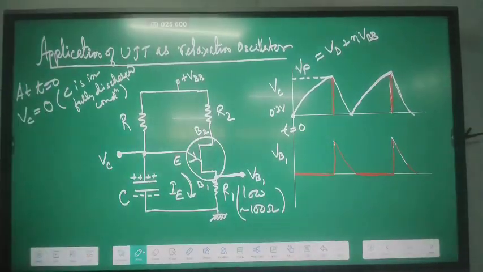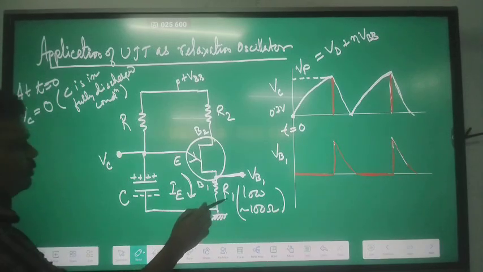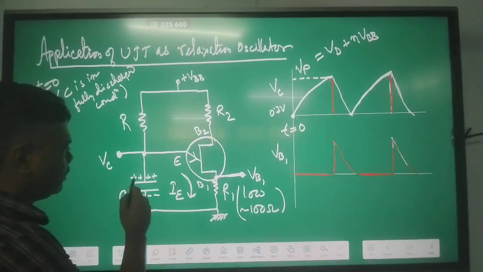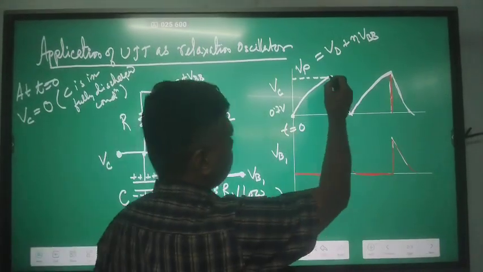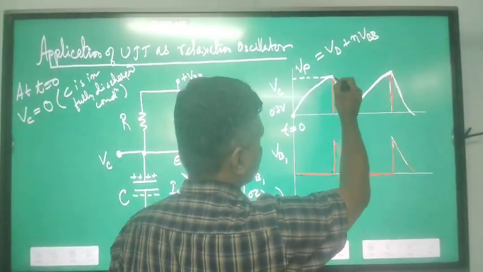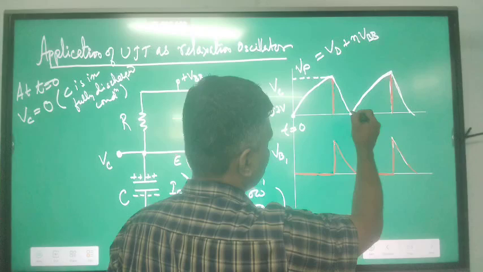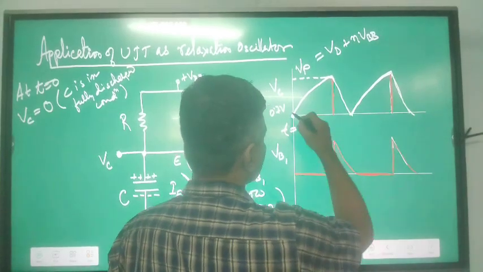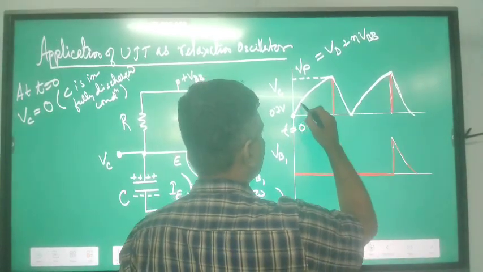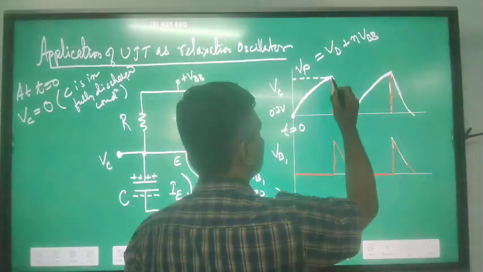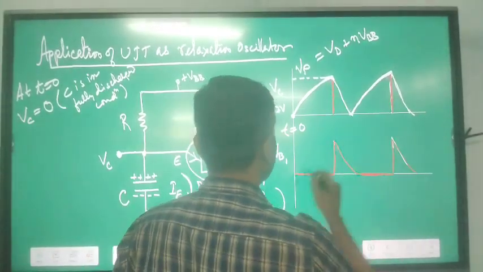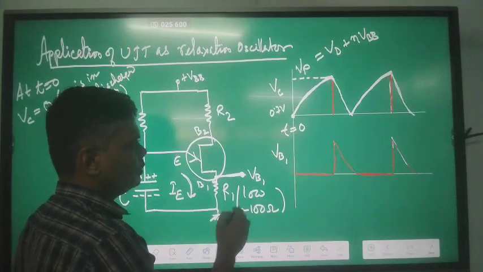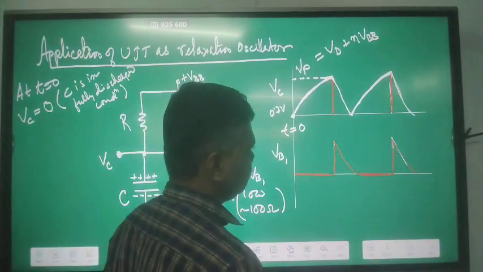So if the value of R1 is very small, then the capacitor will discharge very fast, which is denoted by this graph. So this is the discharging of the capacitor. The capacitor is charging from 0 to Vp. Once it reaches Vp, it will start discharging through the UJT, and the discharge time is very small.